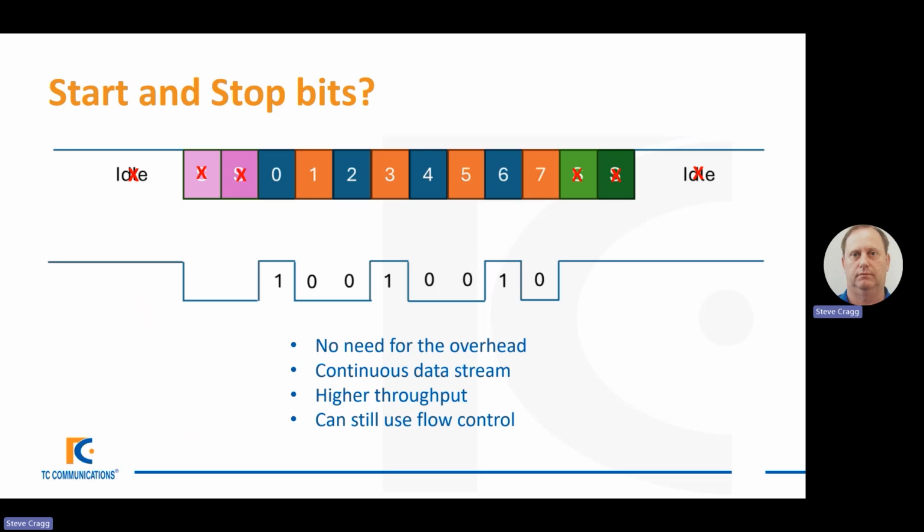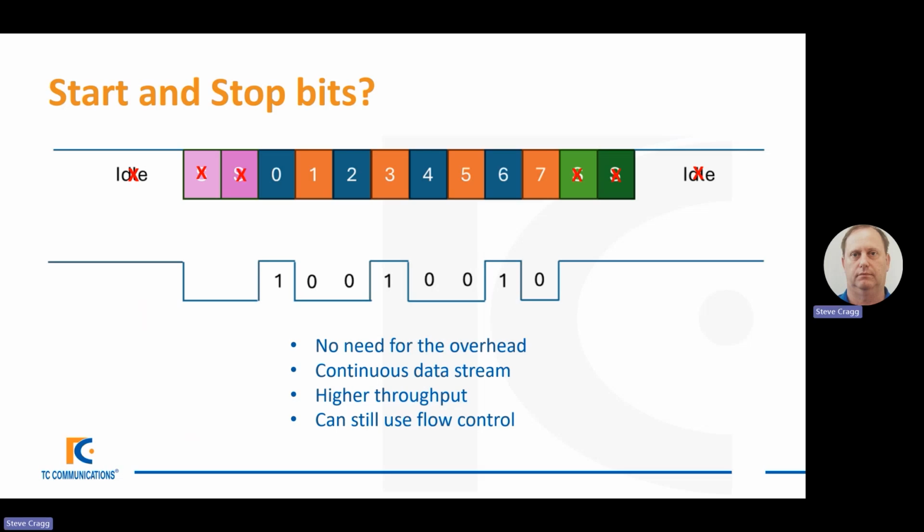Now, you may have noticed that there is one issue in this, that if you do this and you're just sending a big continuous data stream, the question is, where does the start of the byte happen? How that is typically handled is that within the data stream, there is a particular pattern that is used that designates the start of data.